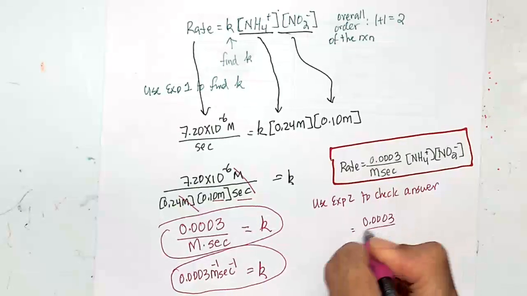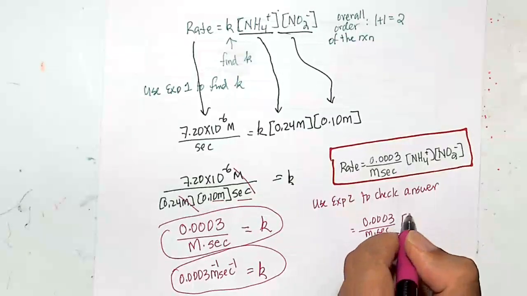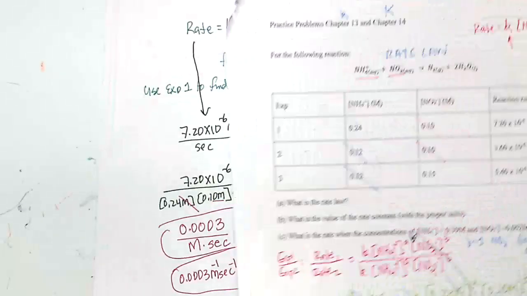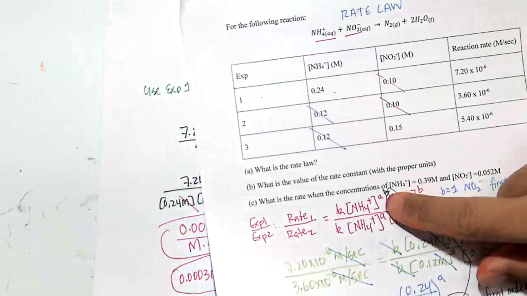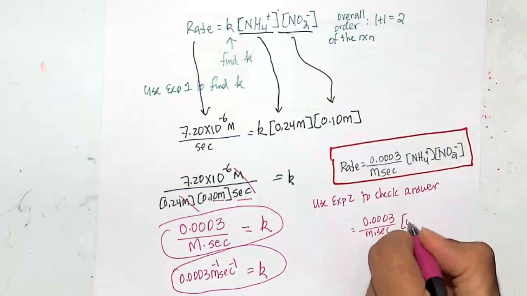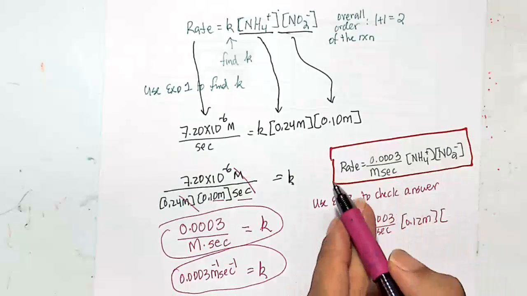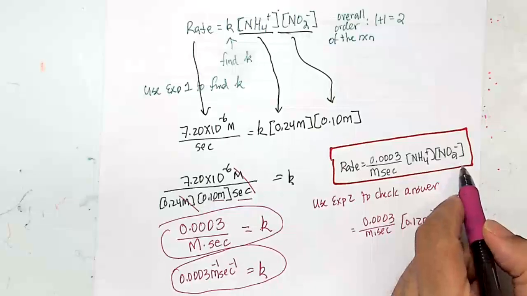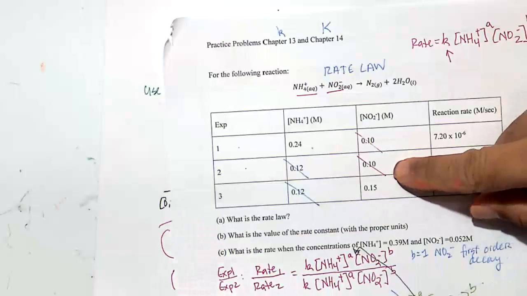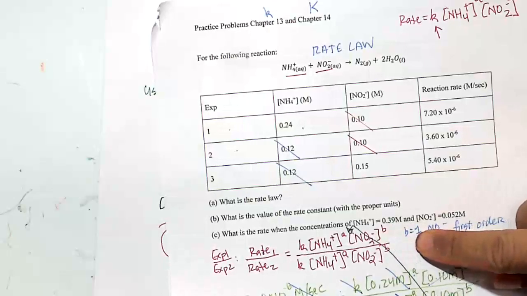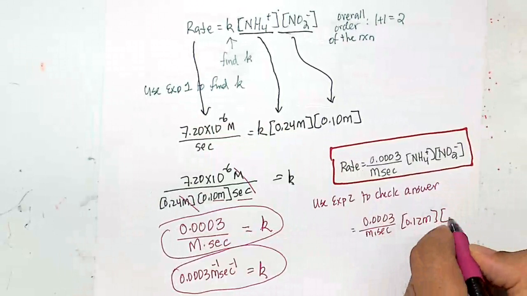So what is the concentration of NH4 in experiment 2? 0.12 molar raised to what power? 1. Raised to the 1 power. What about NO2 minus for experiment 2? 0.1 molar raised to what power? 1 as well. Overall order of the whole thing is 2.